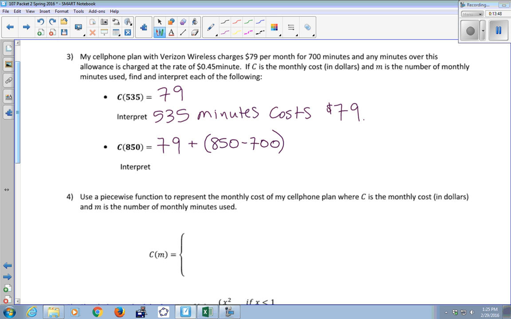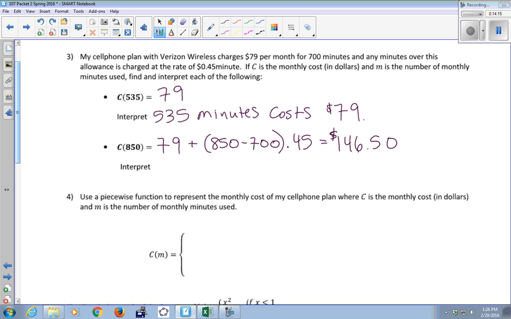So we had to subtract to figure out how many minutes over we went, and then for each of those minutes over, we multiply by 45 cents, right? So that comes out to the extra 67.50, $146.50. Does everybody see where we got that number?